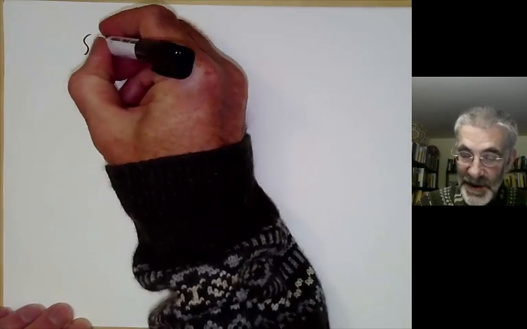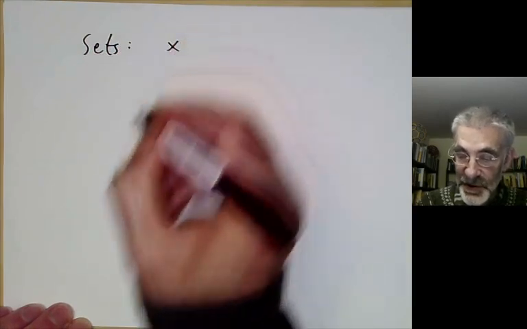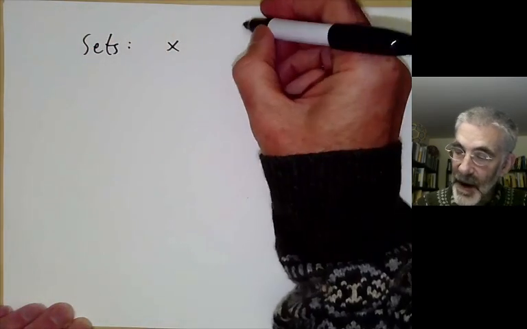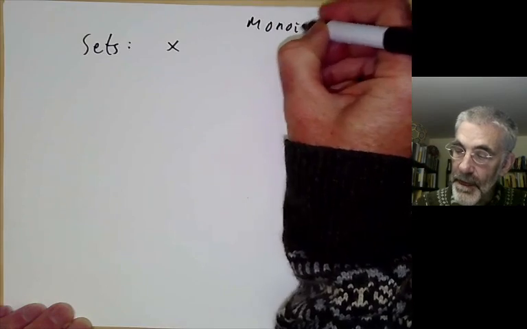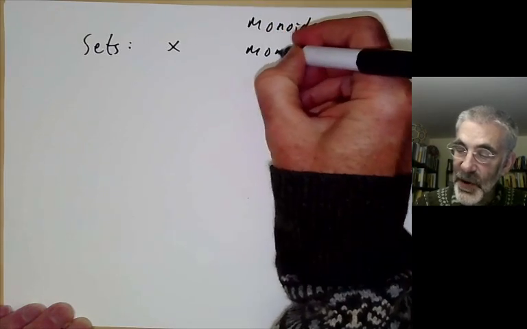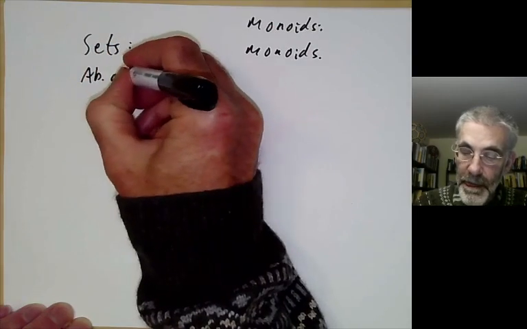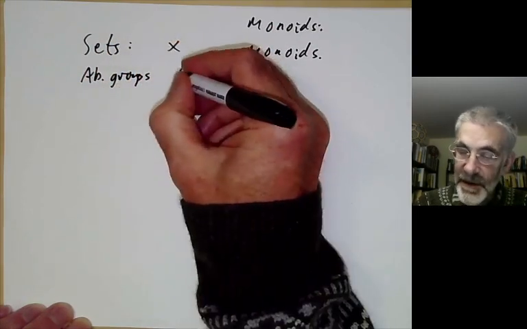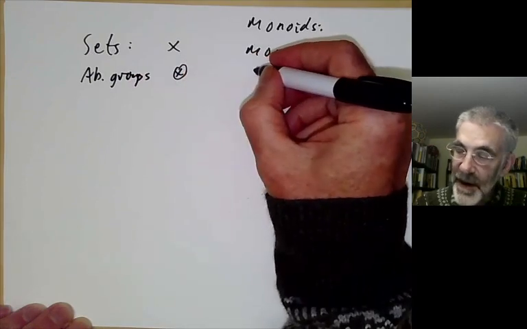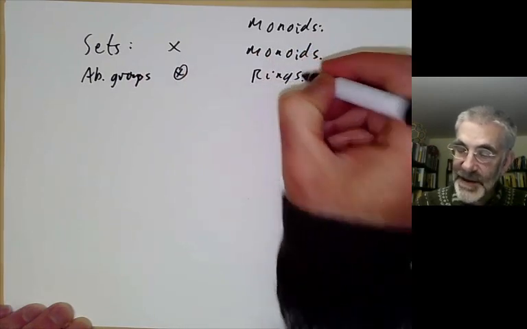There are now lots of examples of this. We have sets with the usual product, and here the monoids in the category are going to be the usual monoids, or we can have abelian groups with the tensor product, and here the monoids are going to be rings.